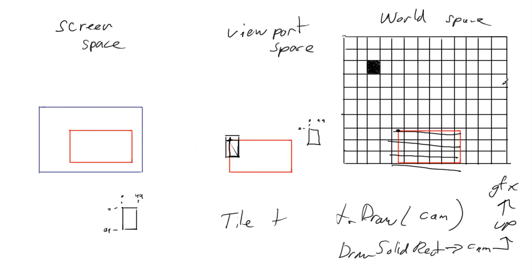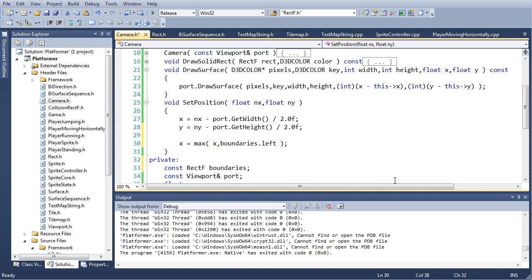Let's say the boundary is our world space here. We set our x position to be the bigger of this or this. If it's bigger than here, we leave it as it is, but if it's smaller, we move x over to here. Good. And y is equal to the maximum of y and boundaries.top.